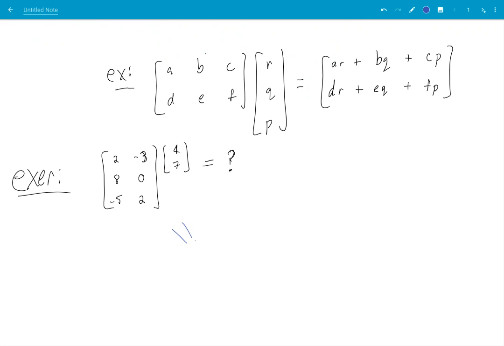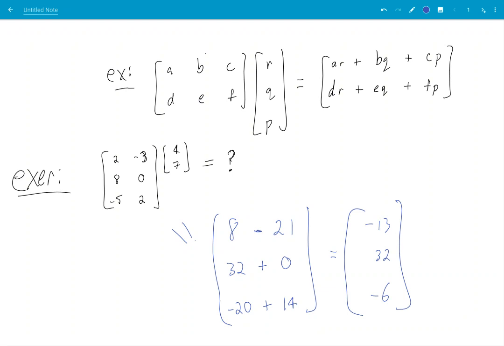So I get 8 minus 21, and then I get 32 plus 0, and then I get minus 20 plus 14. And this gives me minus 13, 32, minus 6. There you go.